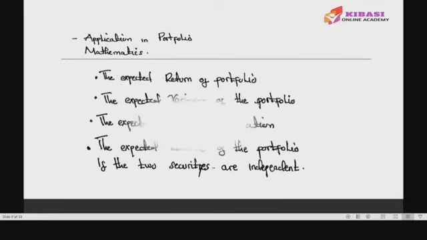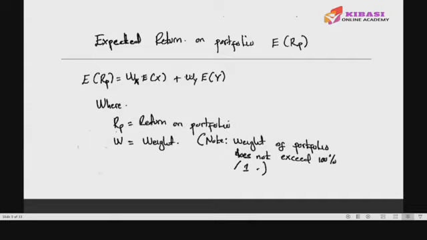Application in portfolio mathematics. So how we apply in portfolio. Tutaangalia kwenye portfolio the expected return of portfolio, the expected variance of the portfolio, the expected standard deviation, the expected variance of the portfolio if the two securities are independent. So then we have this expected return ya portfolio inakuwa iko hivi.